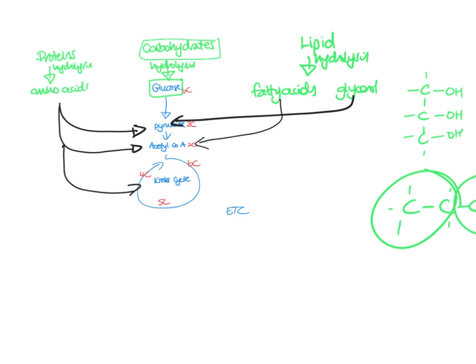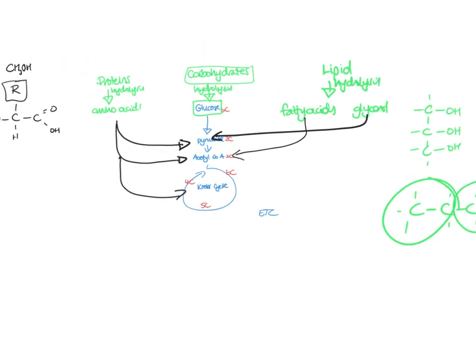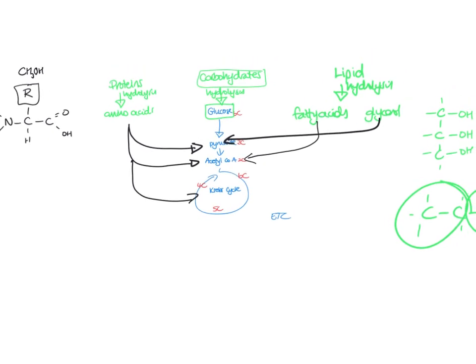That gives you an indication of just how much more energy you get from a lipid molecule than you would from protein or from carbohydrate. Okay? So you need to know these. They're called respiratory substrates. They are the substrate, like the ingredient for respiration.